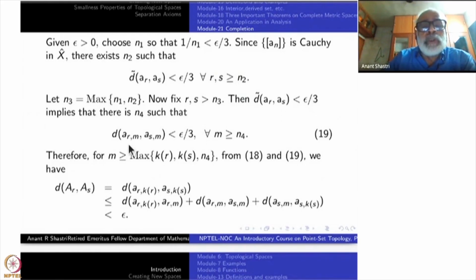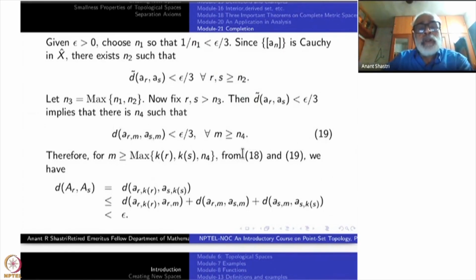So D of ARM, ASM for large enough M is less than epsilon by 3. R and S are fixed here; the variable here is the index M. For M sufficiently large, namely bigger than N4, there is some N4. So this is one equation.